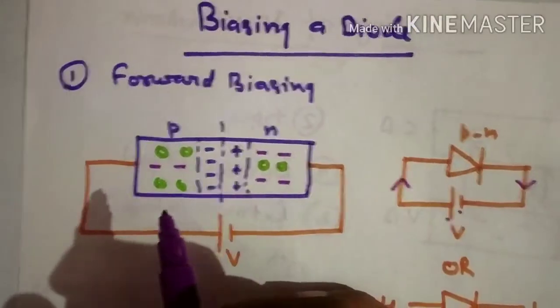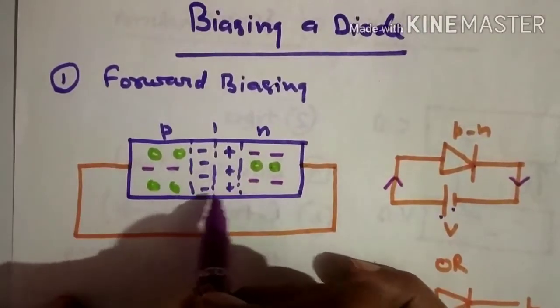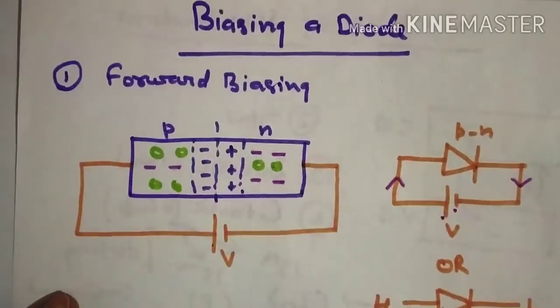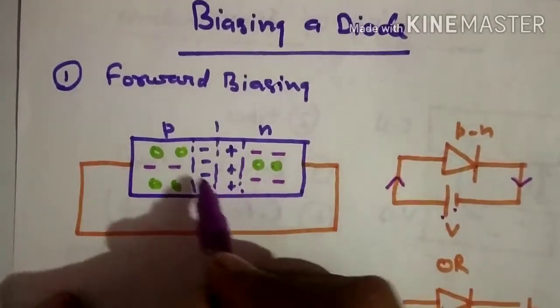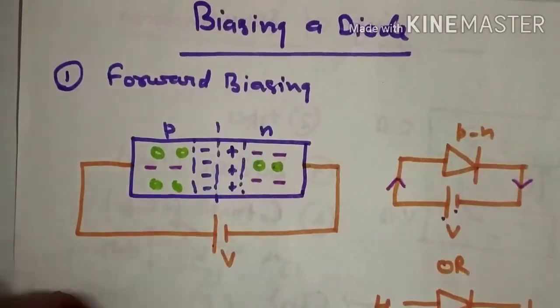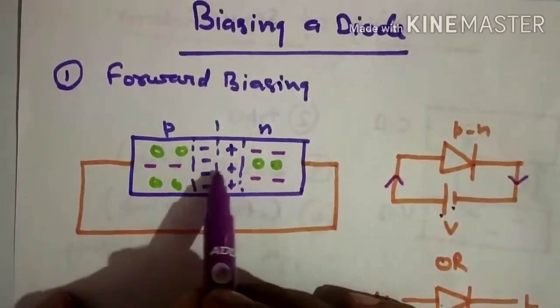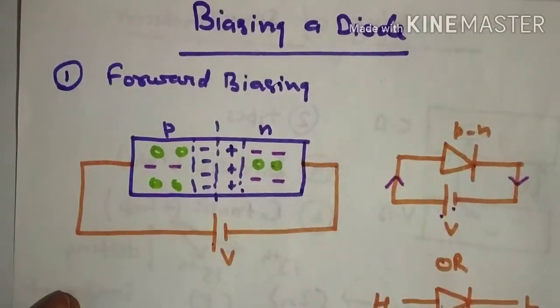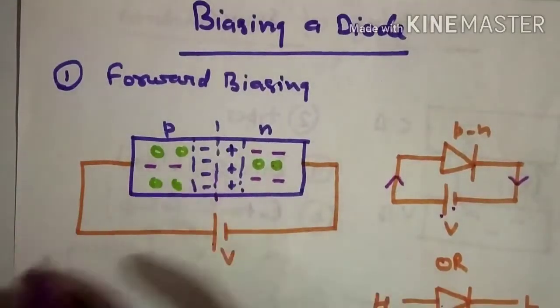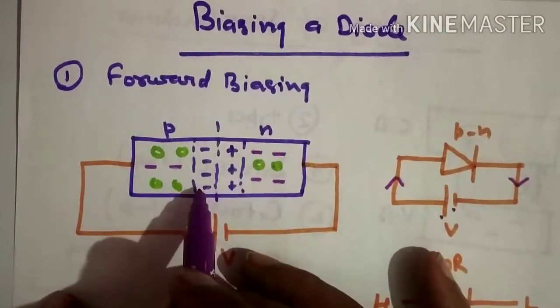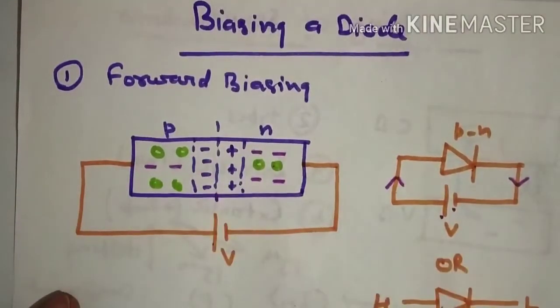In the previous video we had seen the formation of depletion layer and the barrier potential. So this is the depletion layer, and basically if you see in this layer the net charge is 0, and this is the layer near the junction of the diode where the resistance is very high.